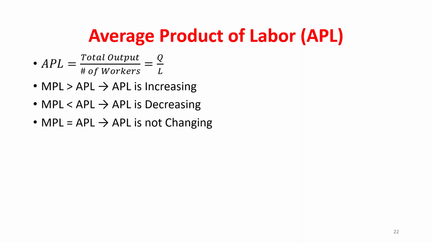So how much total output am I getting? 30 units, okay? So this is my total output, or we can think of this as Q. What is my average product of labor? Well, I've hired two workers. I'm getting a total output of 30. 30 over 2 would be 15, okay?